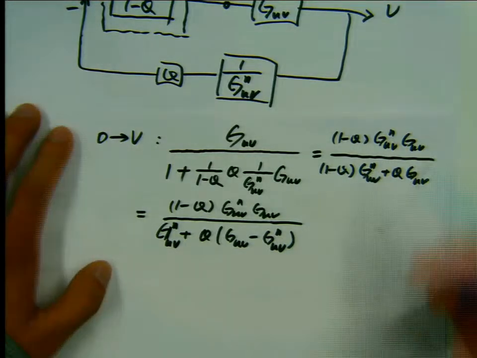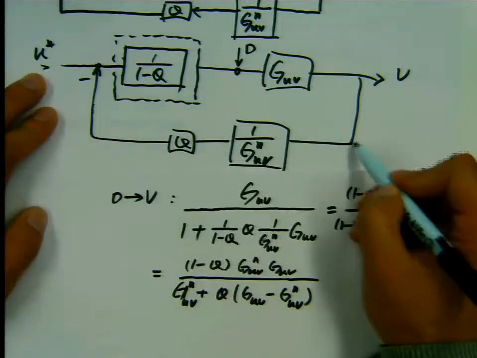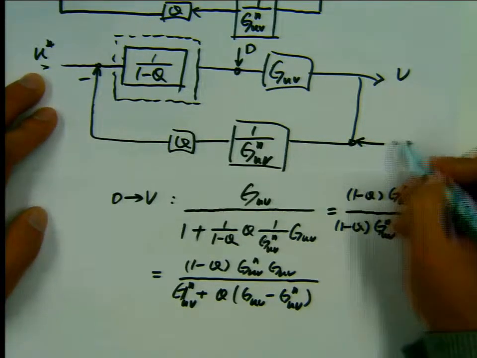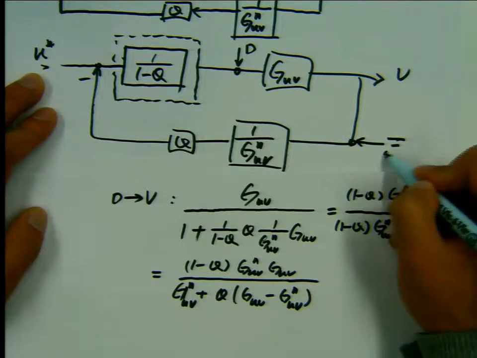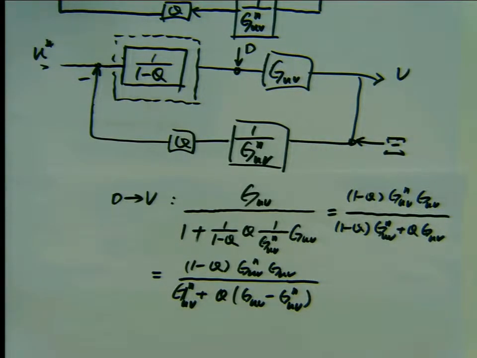Very similarly, you can derive all the other transfer functions from u star to v, and from the measurement noise psi to v. Does anyone have any questions up to this step?